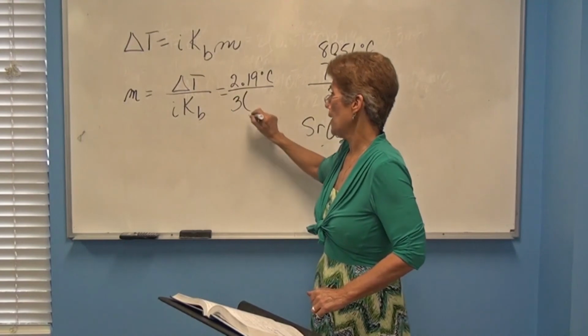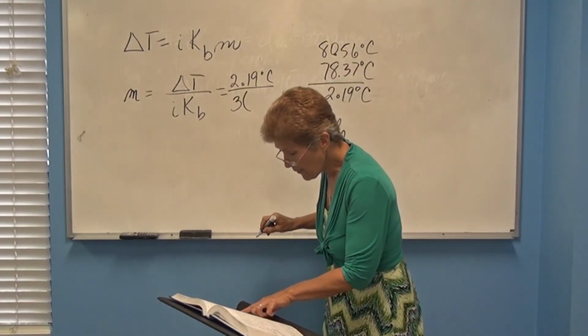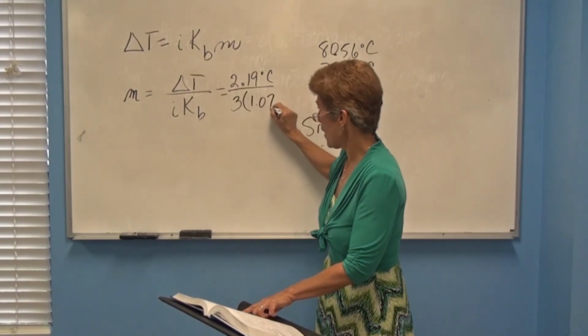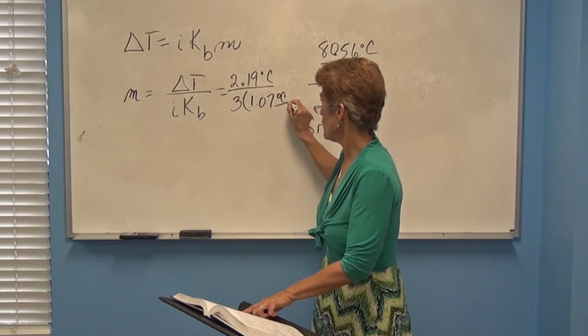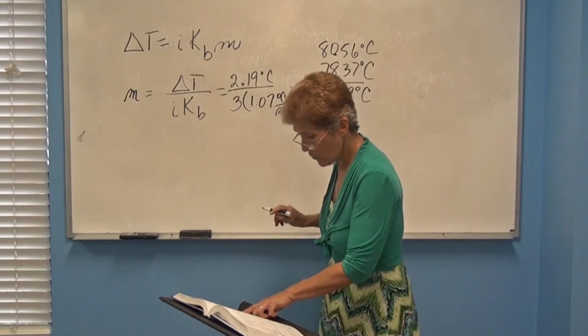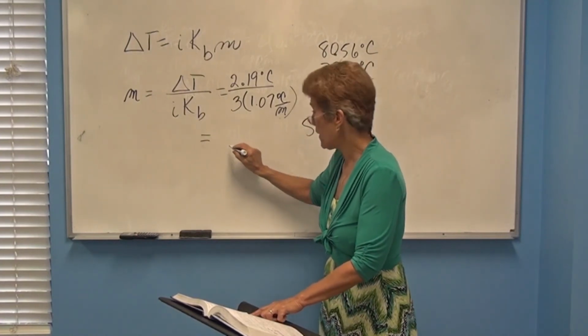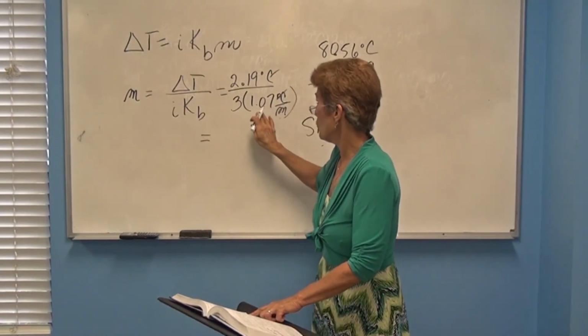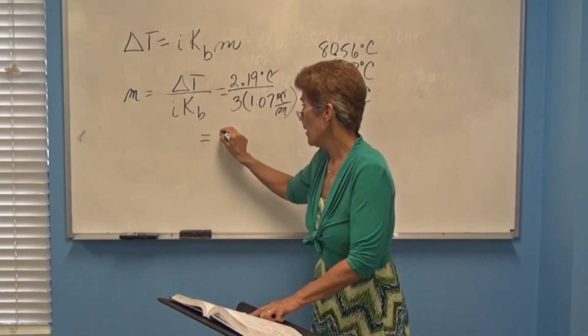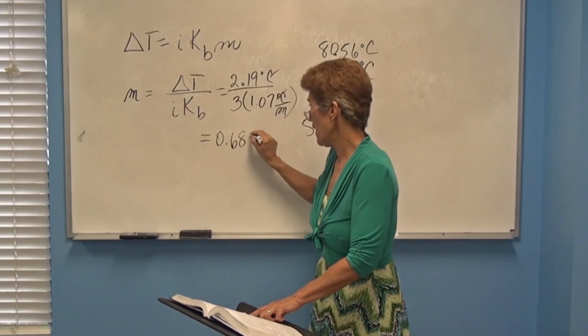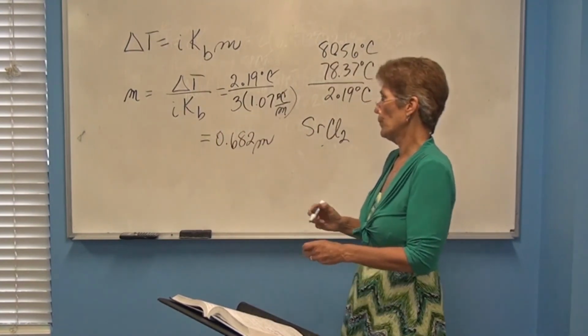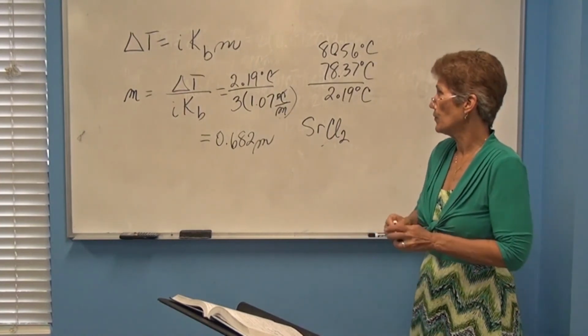And then Kb is given to us as 1.07 degrees Celsius per mole. So once you plug all that in, the molality ends up being, because Celsius leaves, three significant figures, 0.682 mole. And there it is.